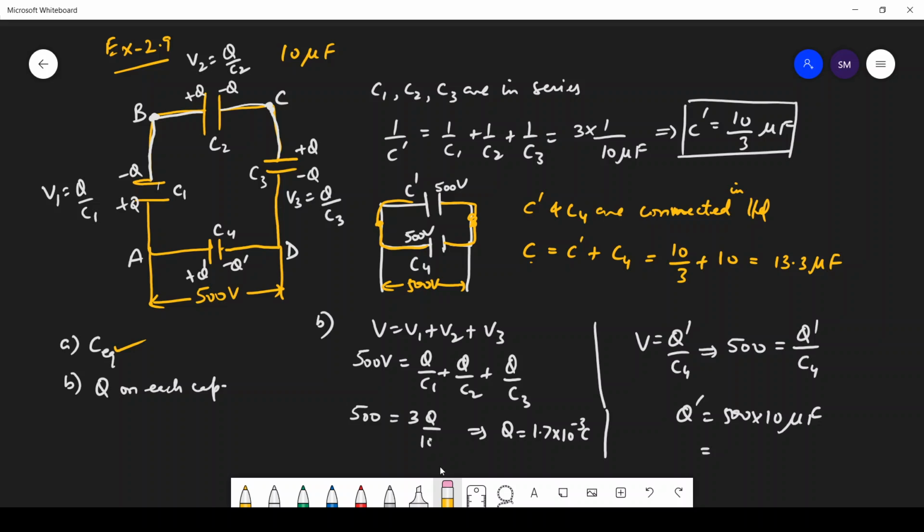You have to write it in SI units only. So you need to write this as 10 into 10 to the power minus 6 farad, and then this will come out. So here also you need to put it in farad, the SI unit.